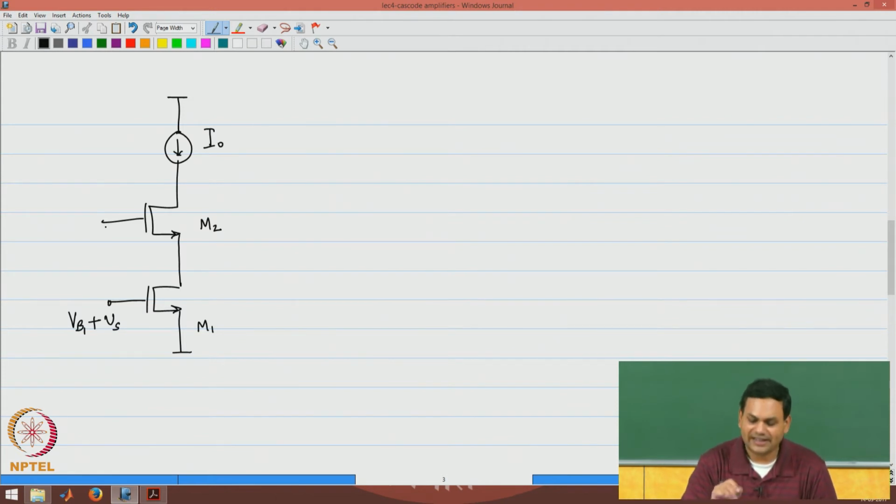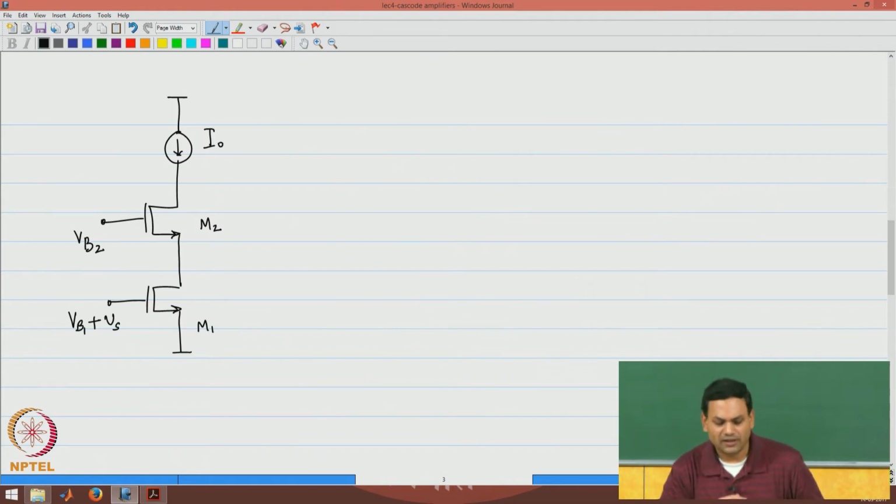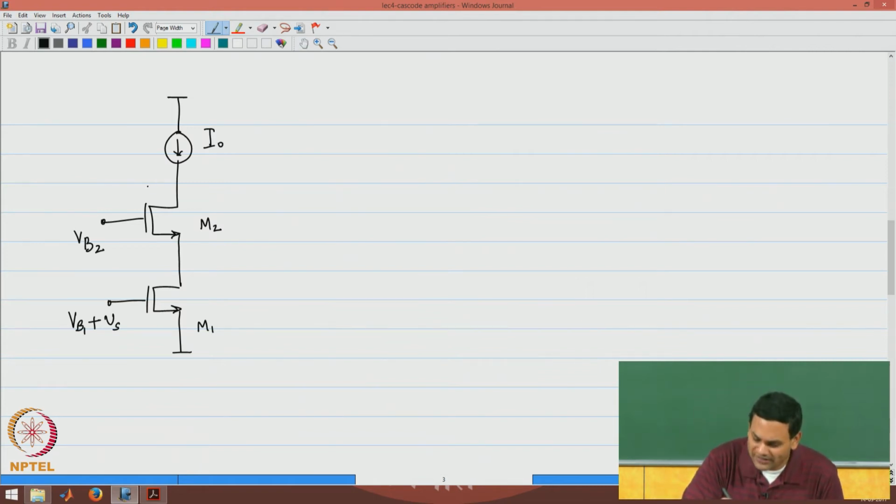Now, in the cascode connection, the gate of M2 is not connected to a signal, but is connected to an appropriate bias voltage VB2. In a few minutes we will see what is the appropriate value of VB2 we will want to use here.